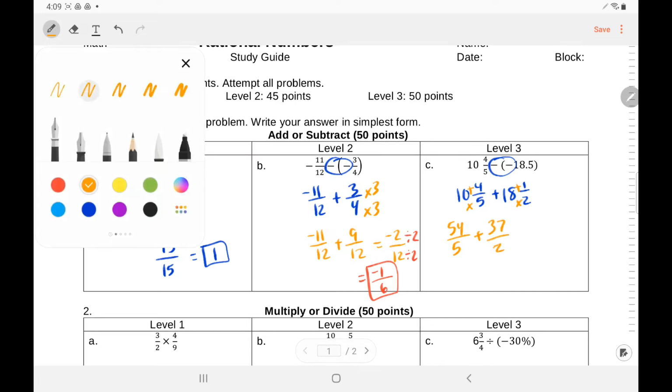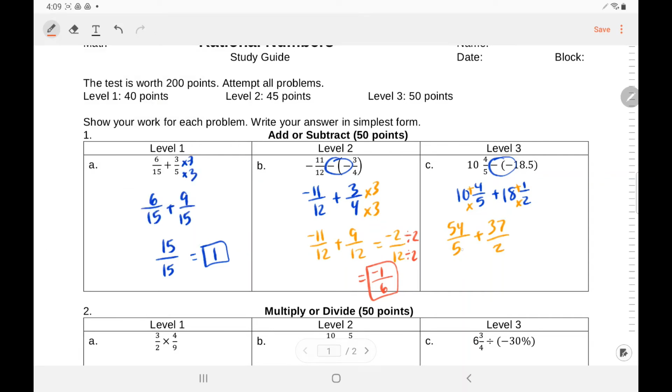We don't have the common denominator between 5 and 2 at the moment, but we can by multiplying the first fraction by 2 to get a denominator of 10, and the second fraction by 5 to also get a denominator of 10. So 2 times 54 is going to give us 108 over 10. And then 37 times 5 is going to give us 185 over 10.